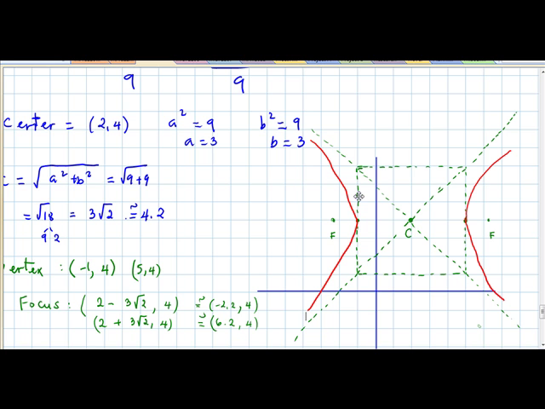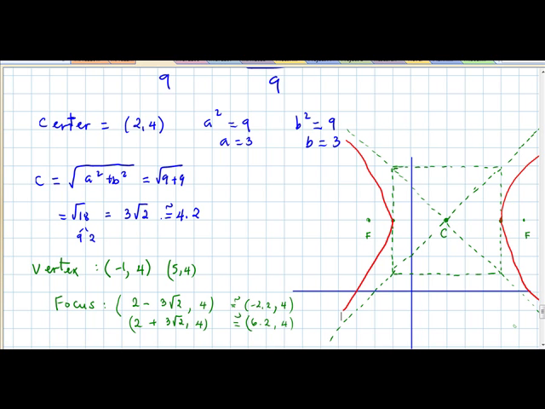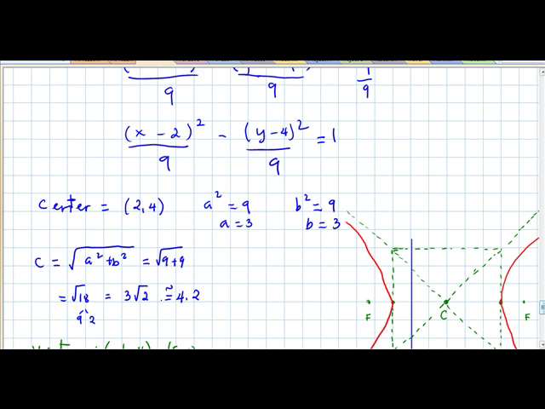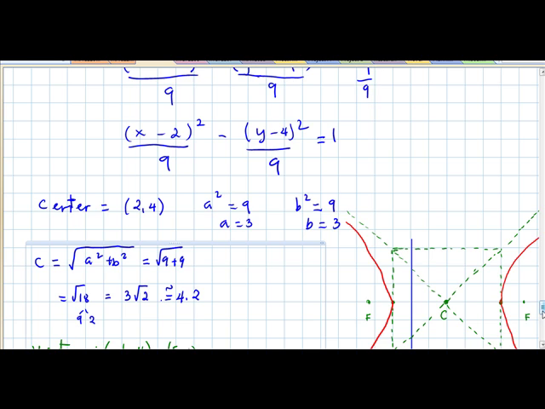Now, if you would like to know the equation of the asymptotes, you can solve for that from our problem by putting 0 here, or you have to remember the formula from your notes. So let me show you both, and then you can see how it works.